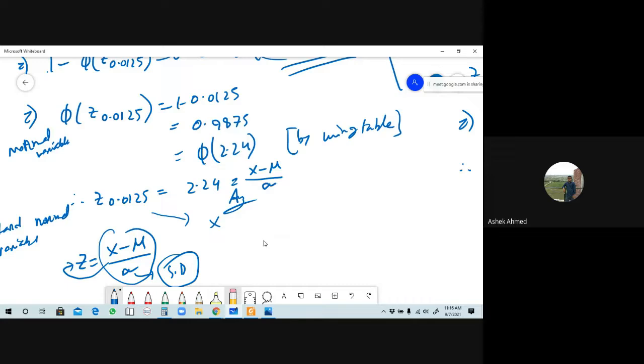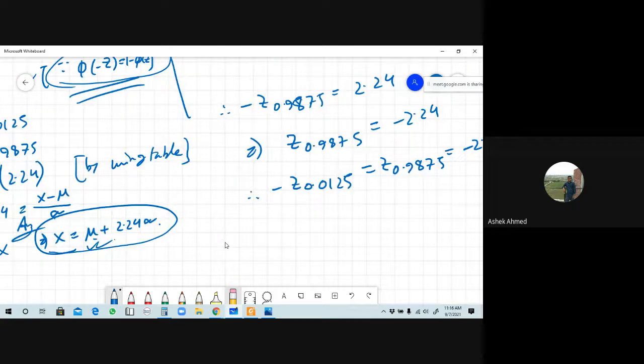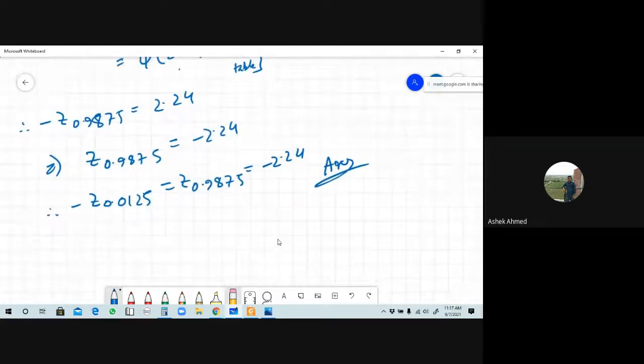The value of mu is given in the question, and sigma is the standard deviation given in the question. So the value of x will be mu plus 2.24 into sigma. This is the value of x here. Put in the values of mu and sigma, calculate, and you get the corresponding value of x.